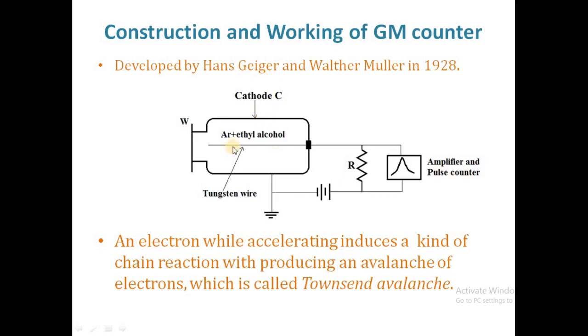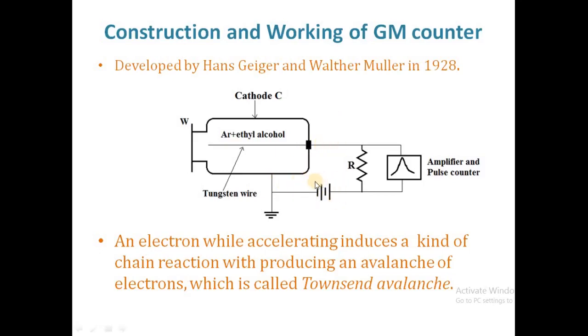A very thin metal wire, usually of tungsten of diameter about 0.1 millimeter, is stretched along the length of the axis of the cylinder and serves as anode A. Electrical connections are provided to anode and cathode by metallic leads sealed through the glass tube.